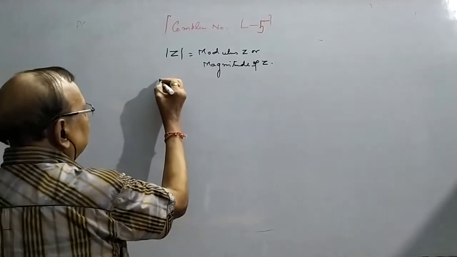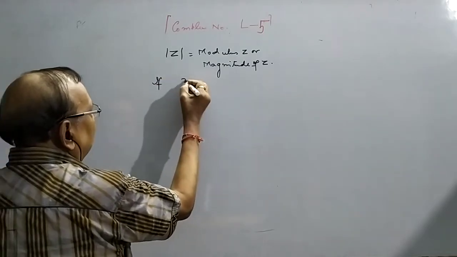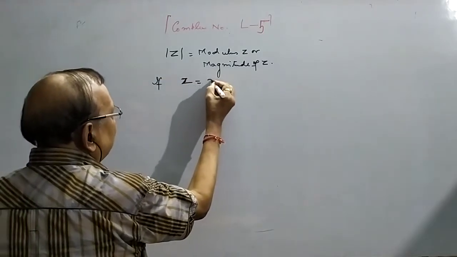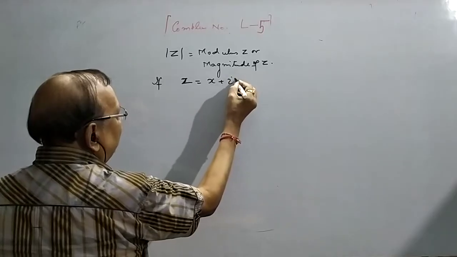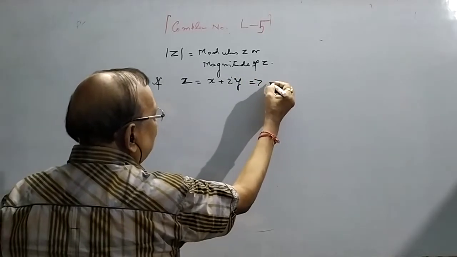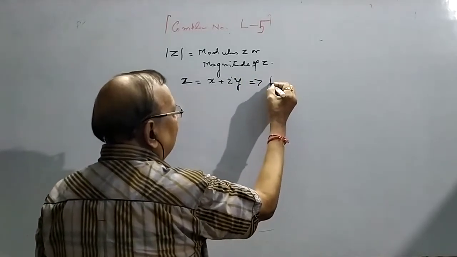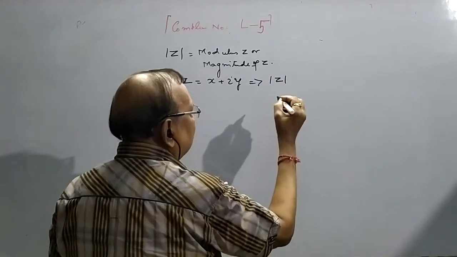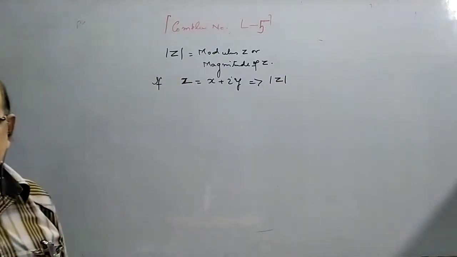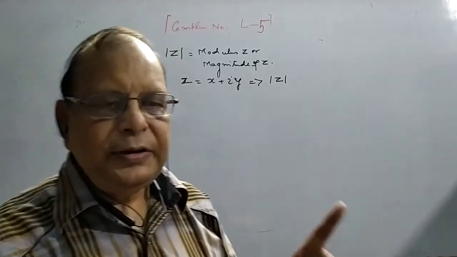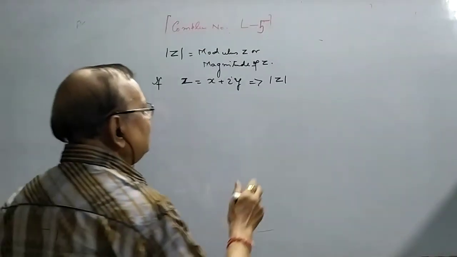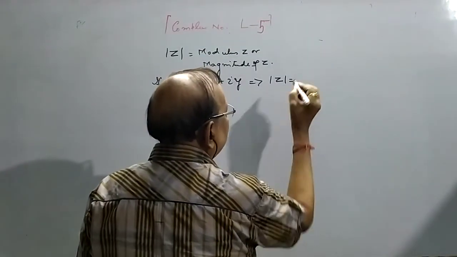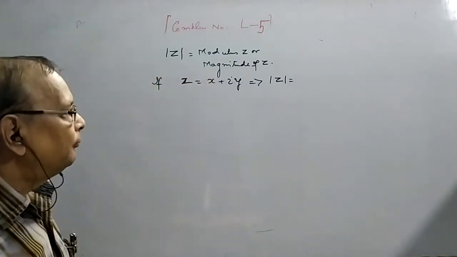If Z is equal to x plus iy, modulus of Z, you might be knowing, modulus is indicated by two parallel lines. I think you have already studied.